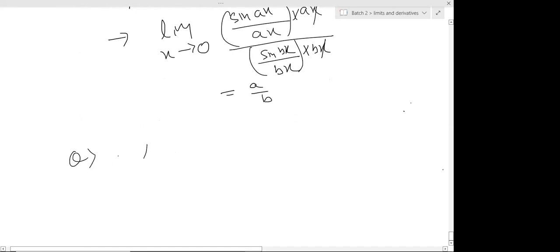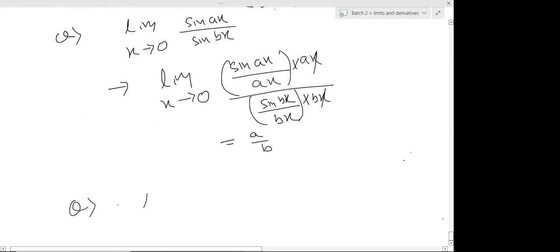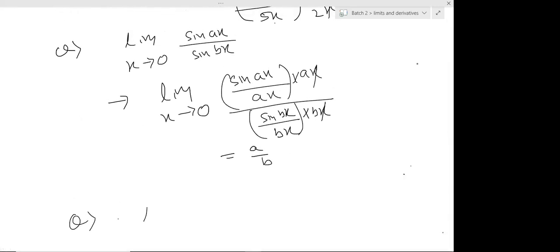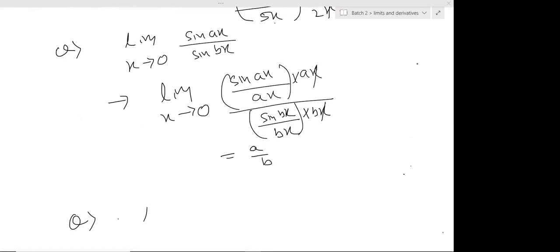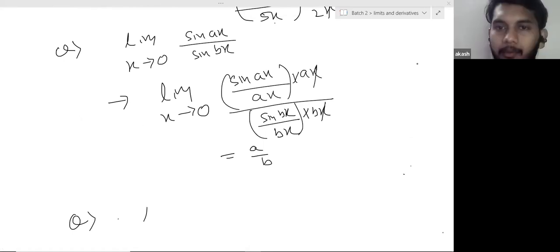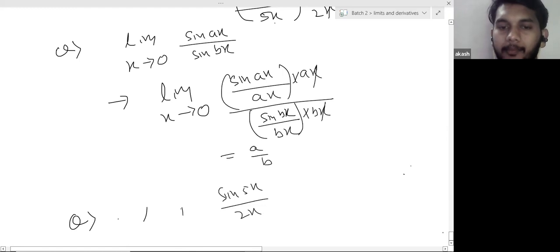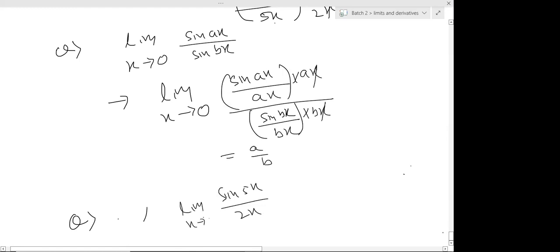Sir, can you explain the above question once again? Rahman, do you remember in the last class we solved a similar type of question, the one above this one? What we had: sine 5x upon 2x, right? Yes, sir.